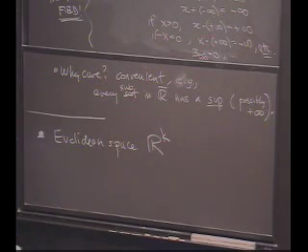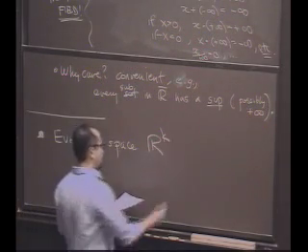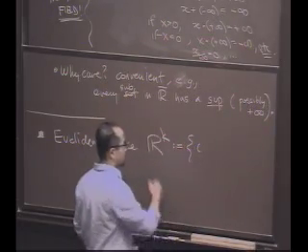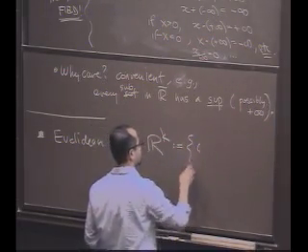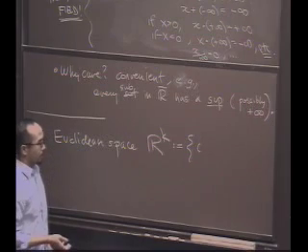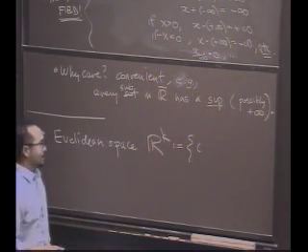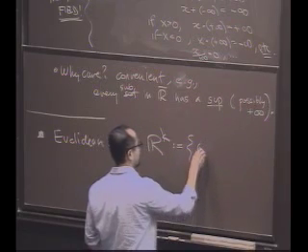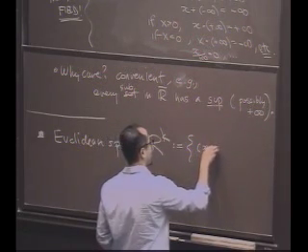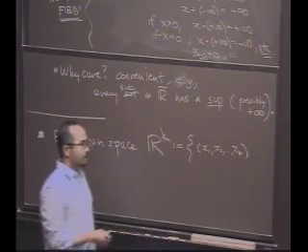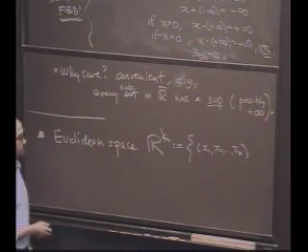The way I think about R to the k is I'll think of it as ordered k-tuples. So that's basically a collection of k things, x1, x2 through xk. It's an ordered collection.